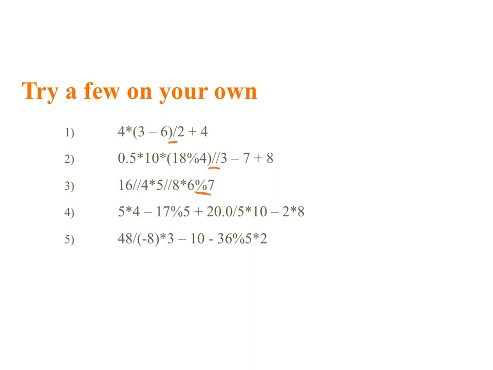Pay close attention to the modulus. Really think through your order of operations and how they apply. So pause the video, honestly attempt these, go slow, go one at a time, do one operation at a time, rewrite it on each line, show all of your work, and make sure you've really got this down, because this can get very tricky.